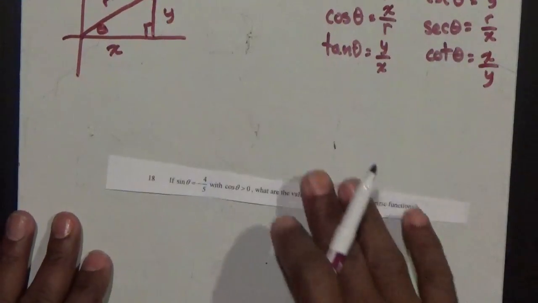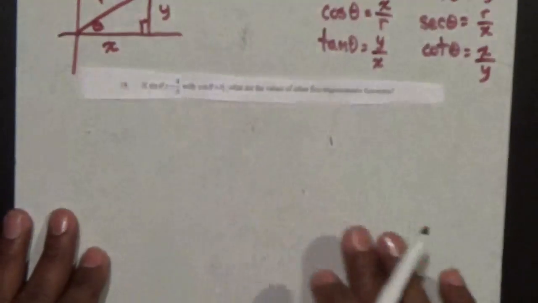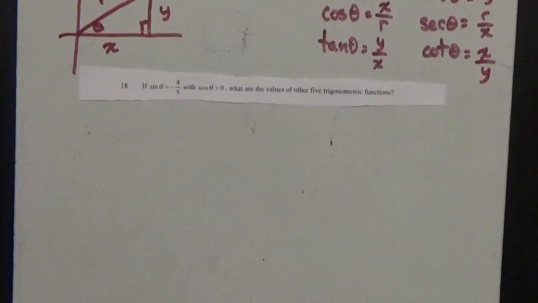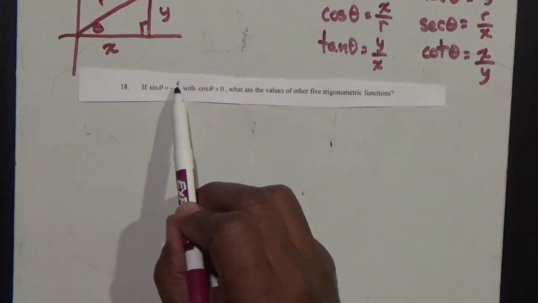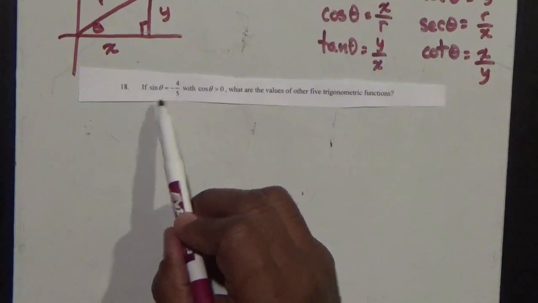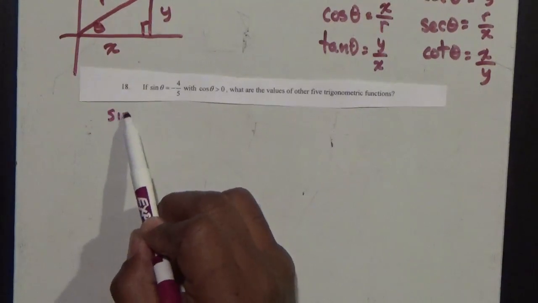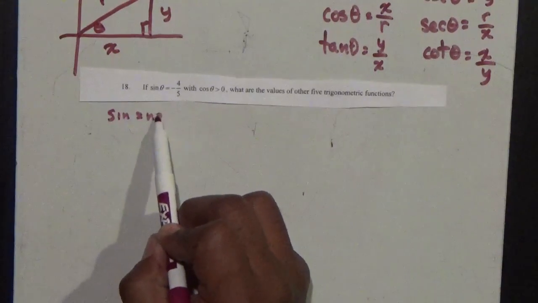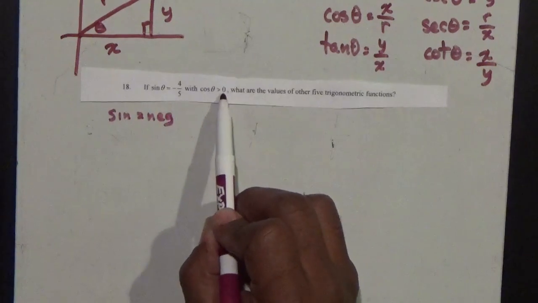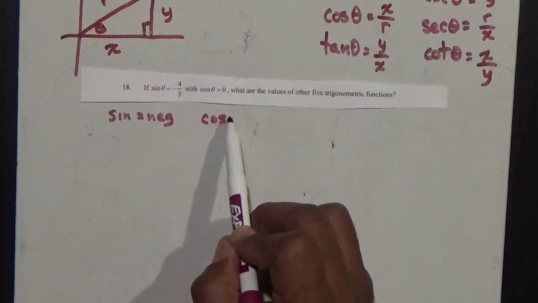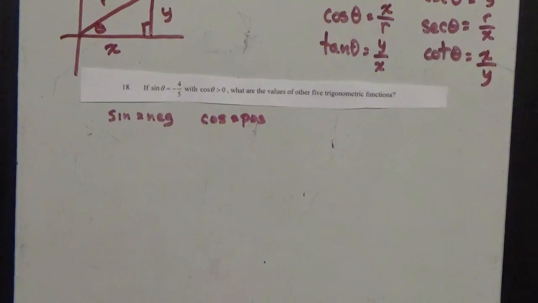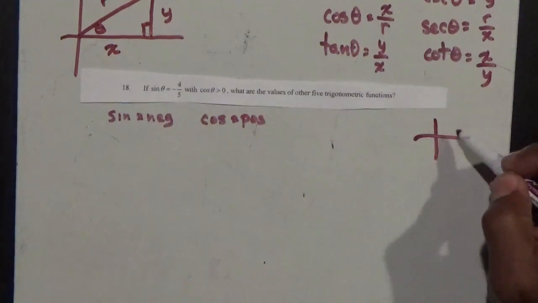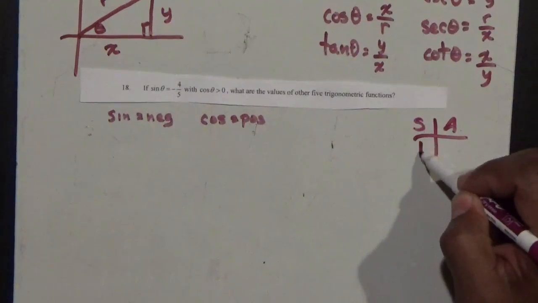Problem number 18. We got 2 stipulations here. It says if sine theta is equal to -4/5, so it's telling us that sine is negative, and cosine is greater than 0, so cosine is positive. We can figure out what quadrant we're in. We say all students take calculus.